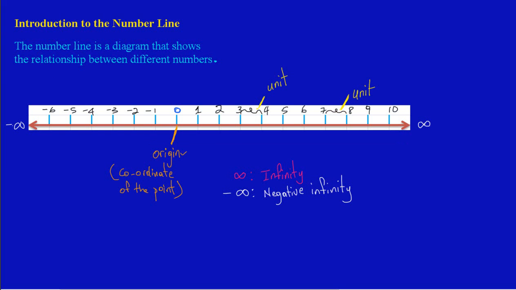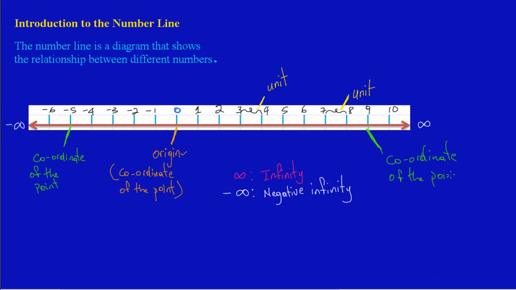Okay, so here I would have another, here where -5 is located. This would be called the coordinate of the point. Okay, because a number is located here, also here, right? So where +9 is located, you will also call that the coordinate of the point.